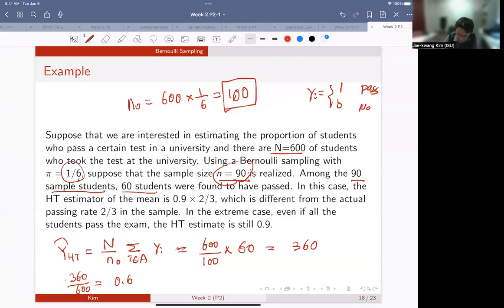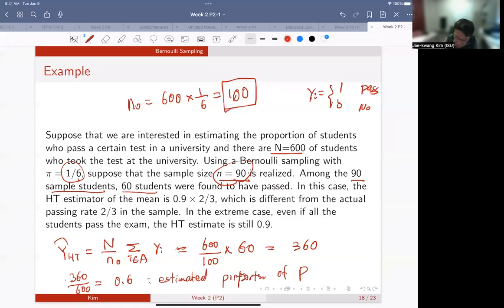So that is the estimated proportion p, the passing probability.